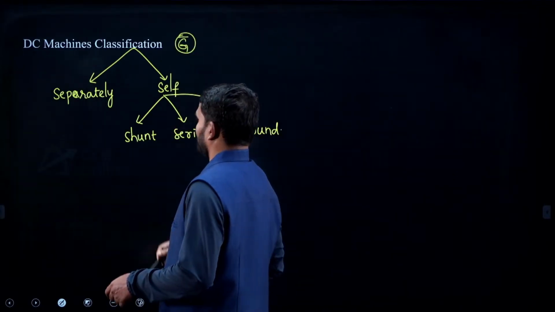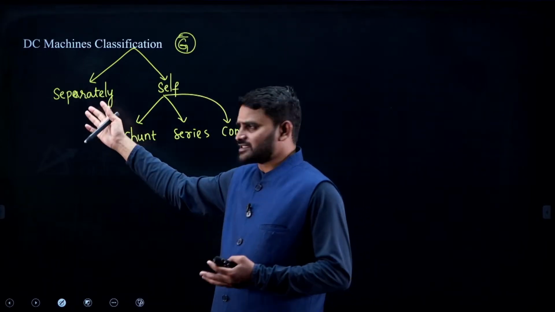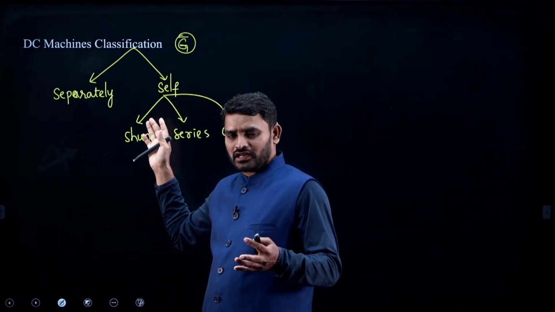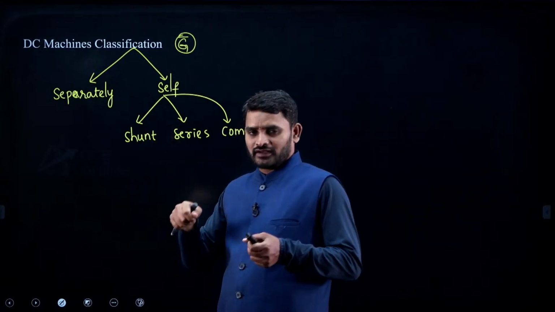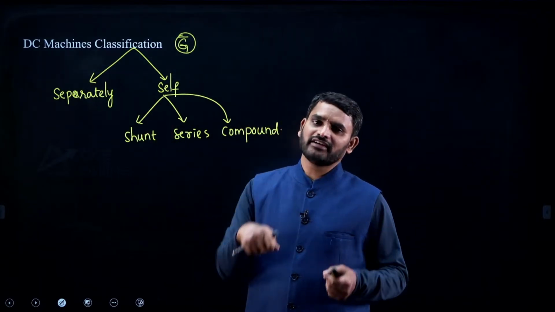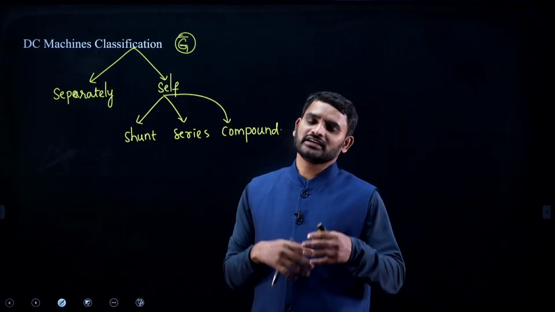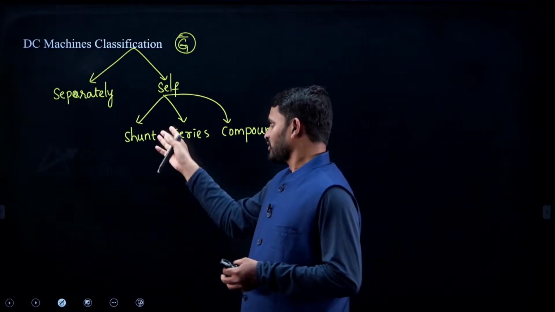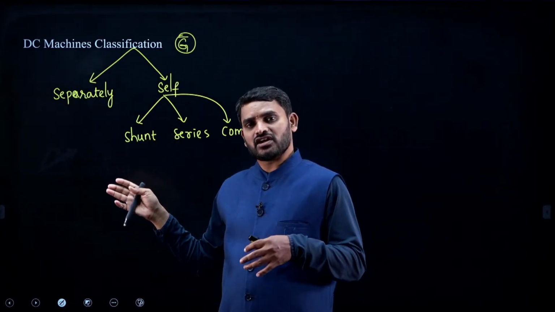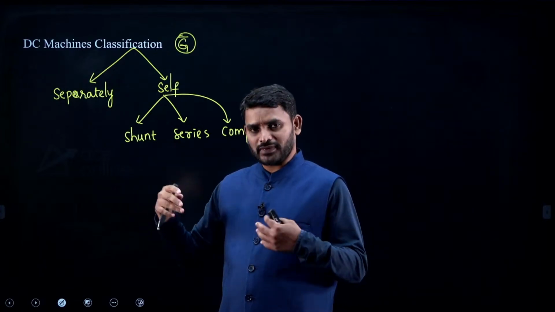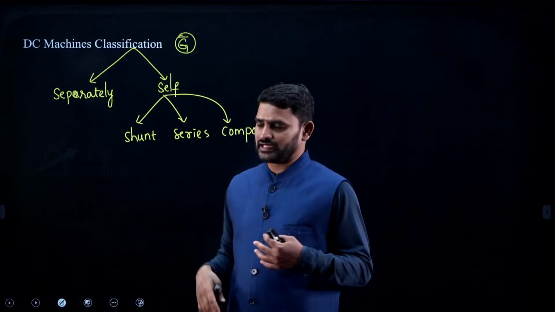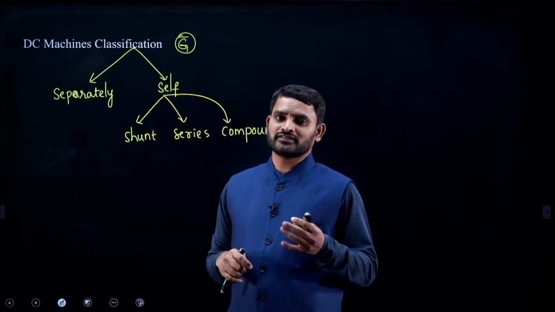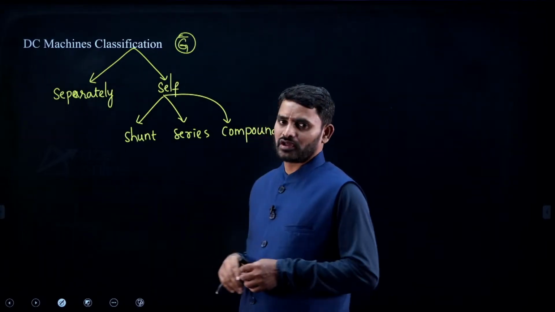If you go ahead with the motors, even separately excited motor is there, but it is better not to call them self excited motors, because we will give the supply to the field winding. So, the field winding is not excited on its own. Okay. In the shunt motor, the shunt field winding is not excited by its own, the supply is taken from the external source only. Even series motor also, the source is going to activate the field winding, even compound also.